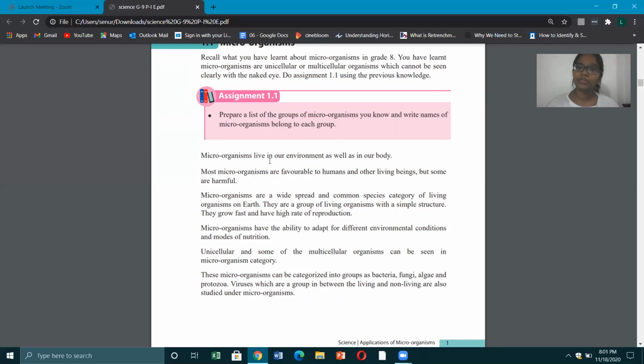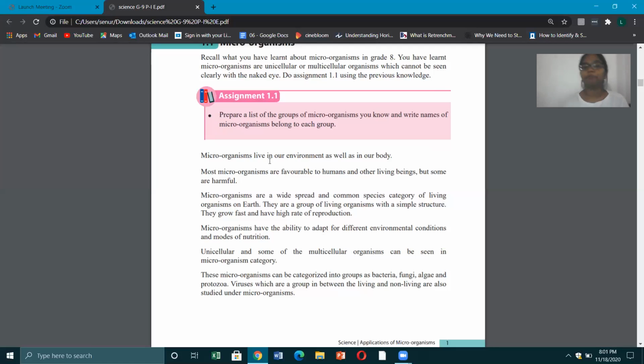Most microorganisms are favorable to humans and other living beings, but some are harmful. What do you mean by the term favorable? Favorable means it's good. Most of the microorganisms are good for us. There are some benefits that we can gain out of them, and we'll be discussing the benefits and the adverse effects of microorganisms in the latter part of this lesson.